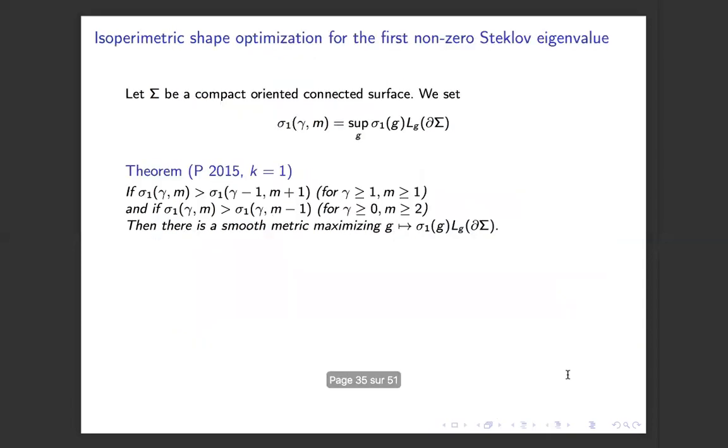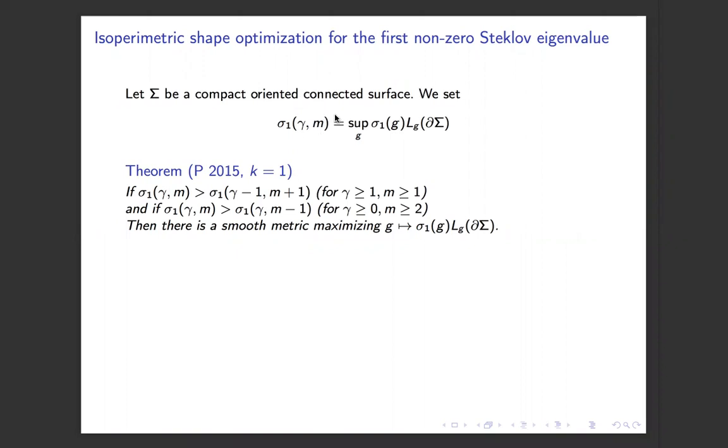So how to prove this kind of theorem? There is a first result we need. And to state this result, we need to define the supremum over all the metrics of the first Steklov eigenvalue on a fixed compact oriented connected surface, oriented to simplify. We can do it also for non-oriented surfaces.